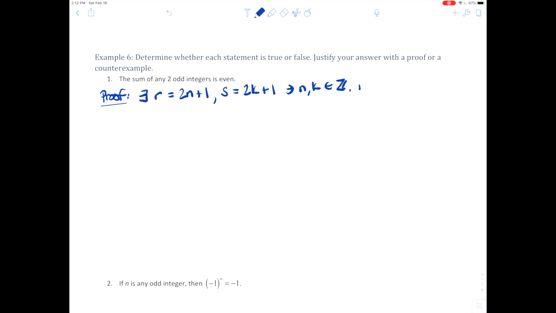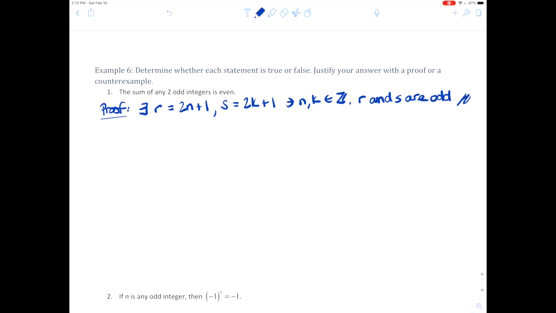Good. r and s are odd. And why is this true? Well, by definition of odd, and we won't put it, but the set of integers is closed under addition and multiplication.